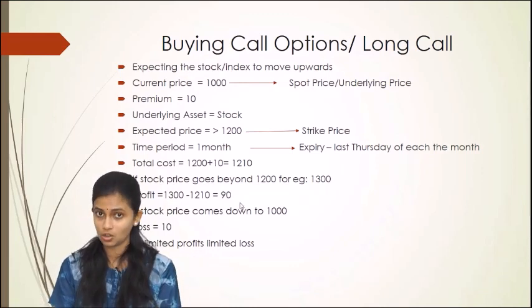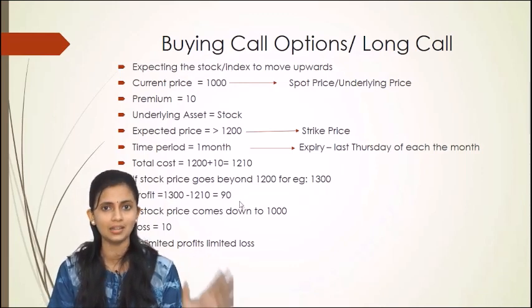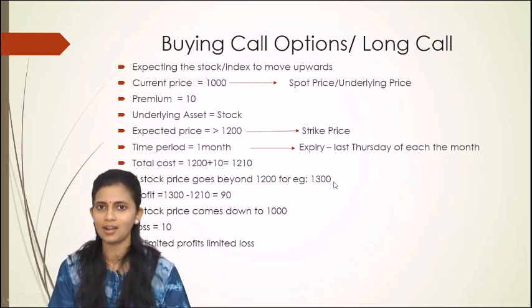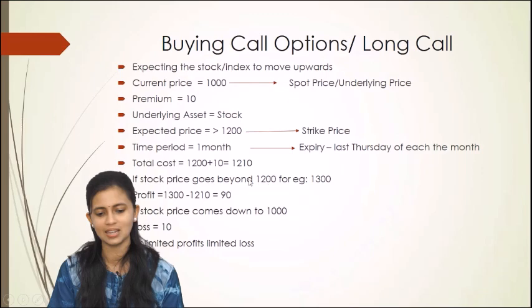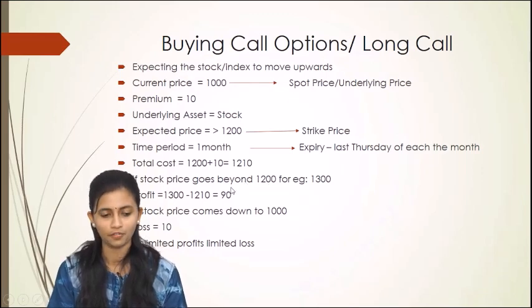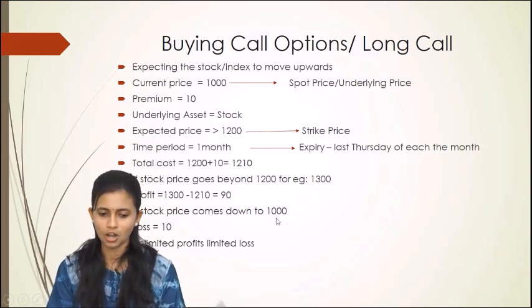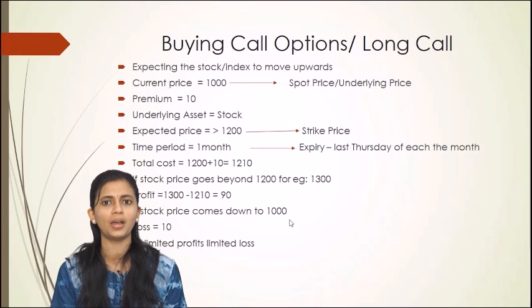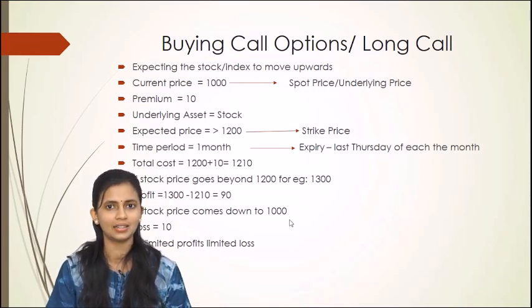Now executing this contract or leaving it to expire is up to the buyer. Obviously, if the price goes to 1300, the buyer will execute the contract because he will make 90 rupees profit. Now in case the stock comes down to 1000, what will the buyer do? He will not execute the contract, he will leave it to expire. So what is the maximum loss that the buyer will have to take? Just 10 rupees, right?